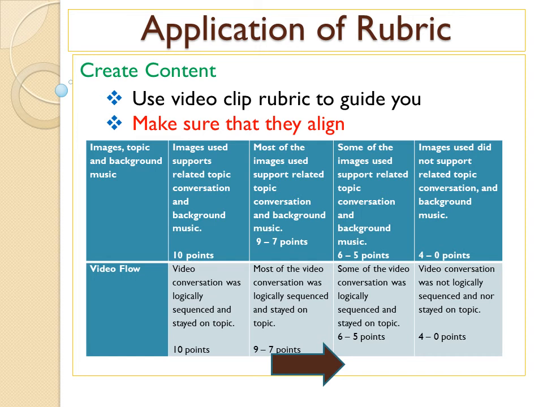The video flow: the conversation in the video should be logically sequenced and stay on topic. And there's a score for that from 10 points to 0. You use this as a guide to help you know what you need to put inside your video clip when you're creating it.